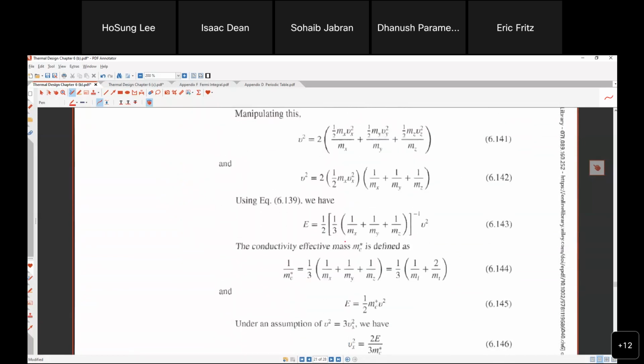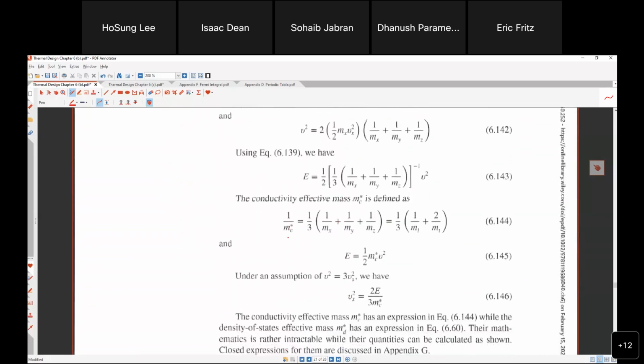We come up with m_c being different compared to the density of state mass. Students, you can raise a question, because next week I'm going to give a review, but I'd still like to give you a little bit of the concept.